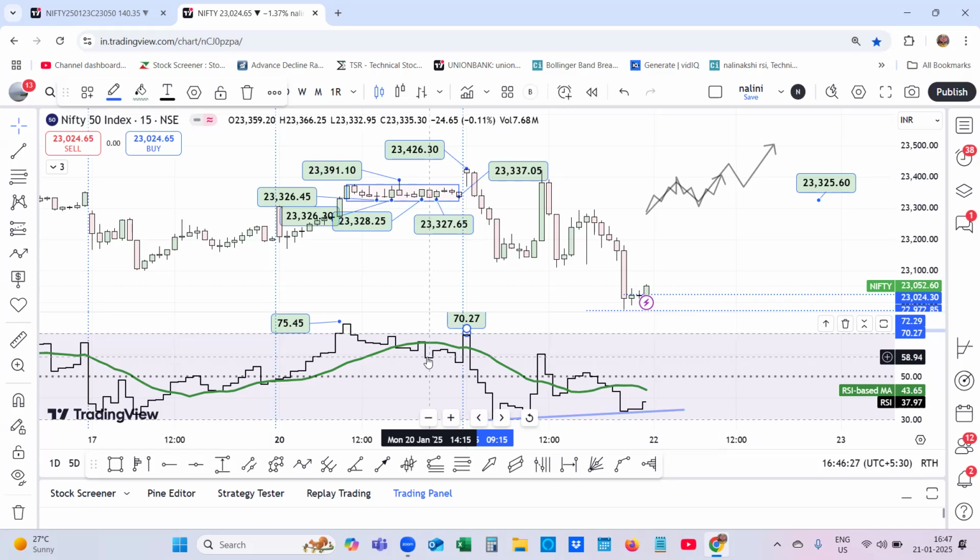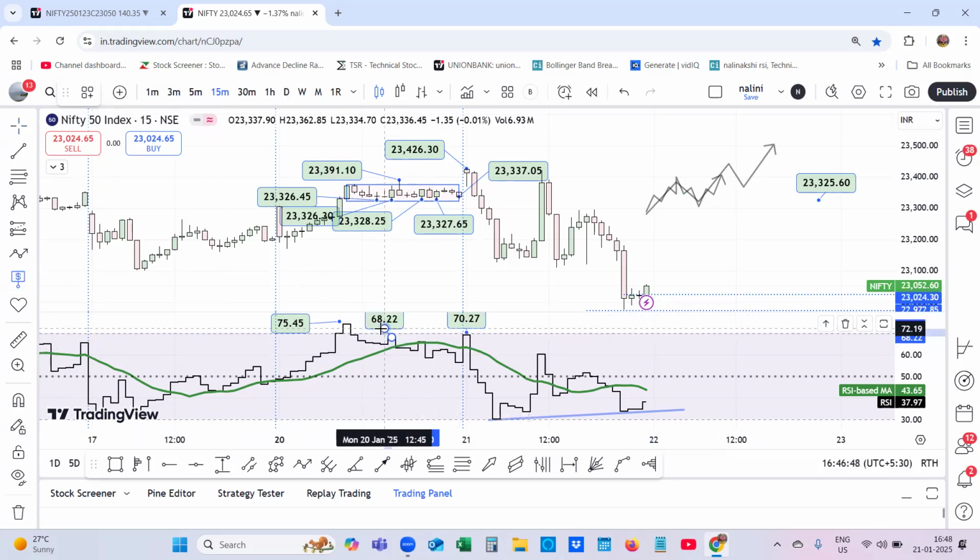Just see there, the low was 23,332. But the reading of the RSI is showing a down trend structure, lower highs. One lower high, if I place the cursor on this, 68.55, let me put this, 60.22, and this is the lower low.